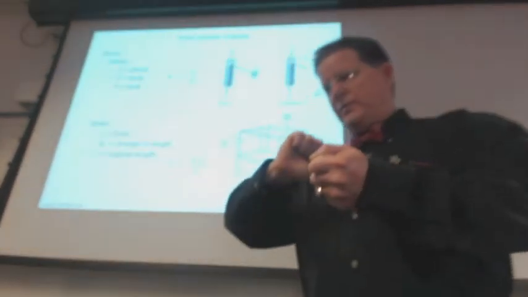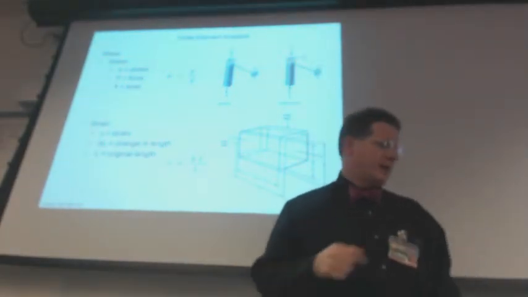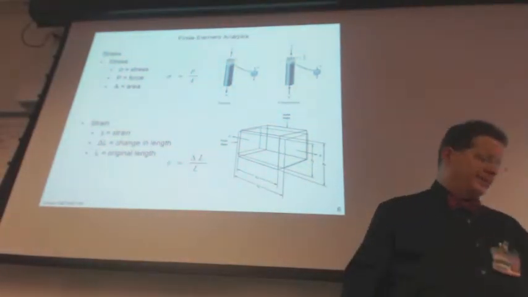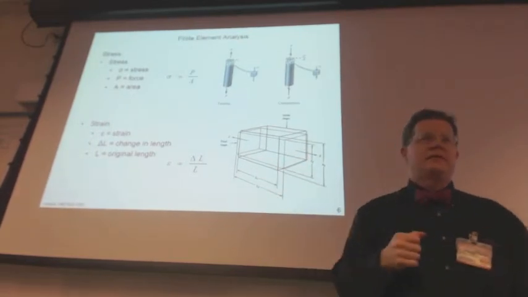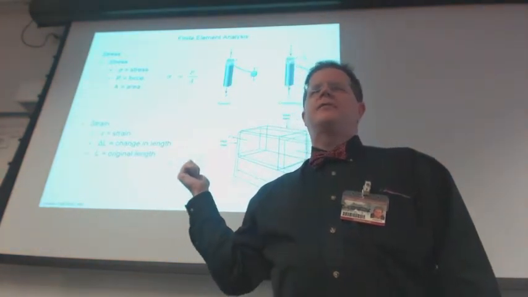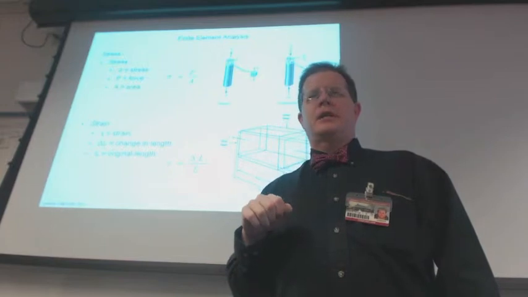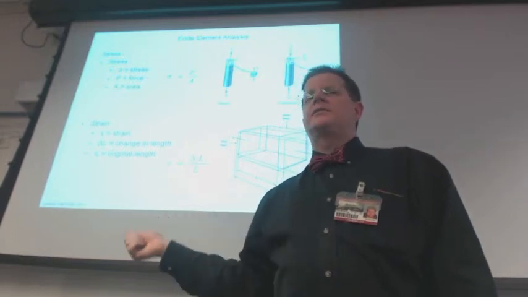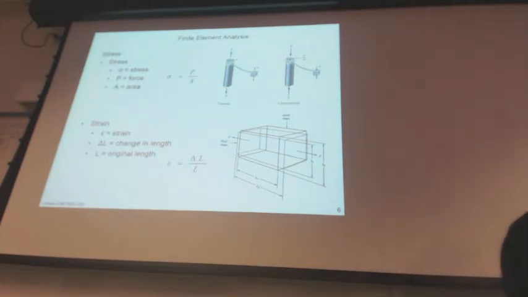So when we deform that part, how much strain are we putting into it? And our stress and strain are related, right? If we have strain, then that means we have what? Stress. If we have stress, that means we got strain. Can't have one without the other.